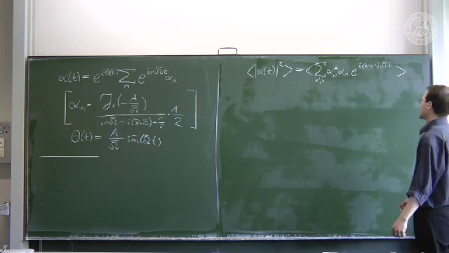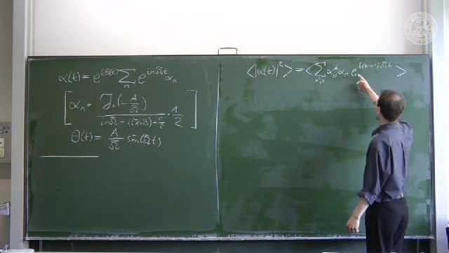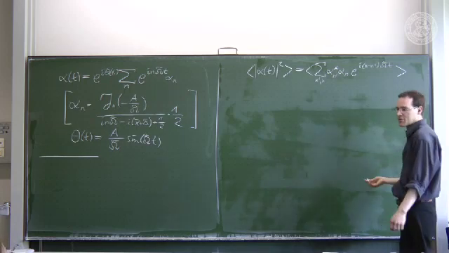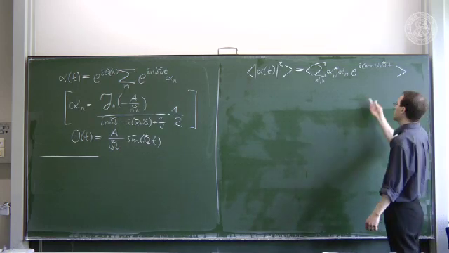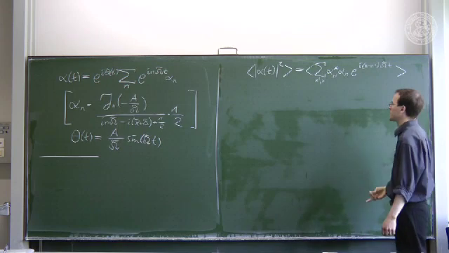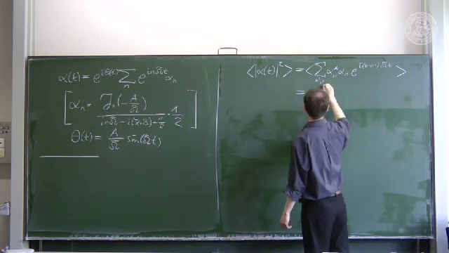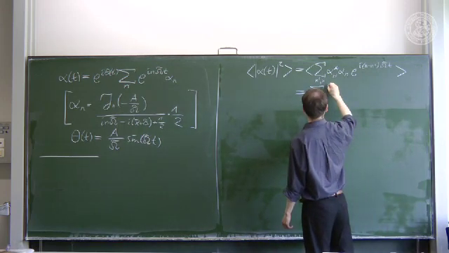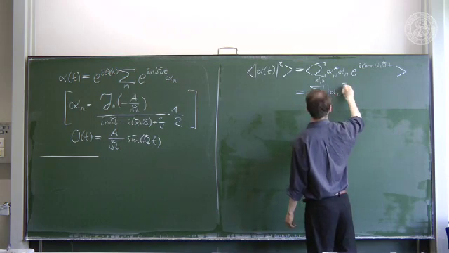But now, of course, the idea is that the time average of any oscillating exponential will vanish automatically. So the only term that remains is the one where n prime equals n. And so this retains a single sum over n of alpha n squared.